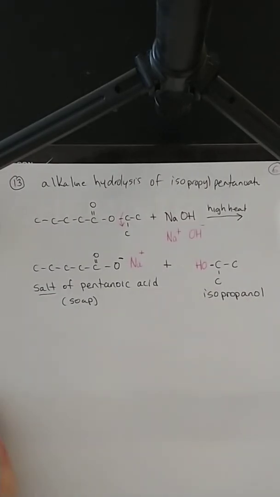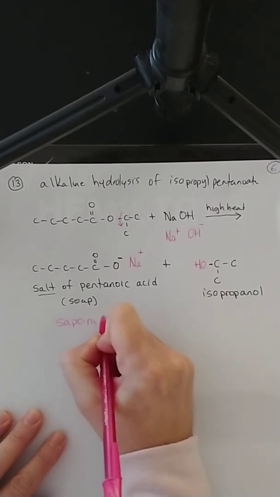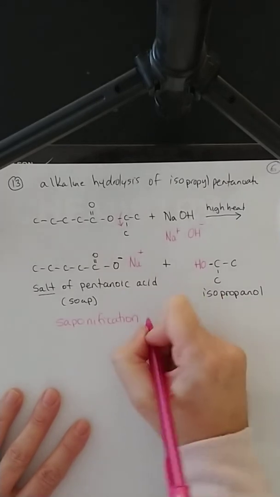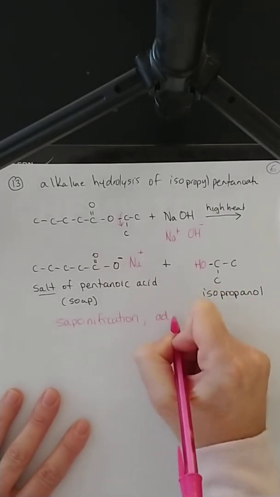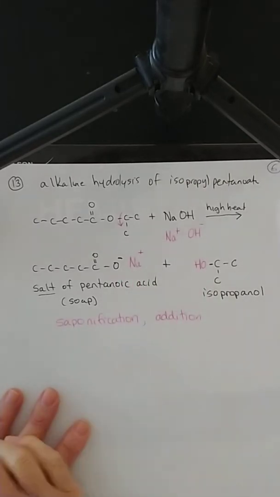So in terms of types of reactions, we have a saponification. Okay? We also have an addition, because we added an Na and an OH that were not there before.